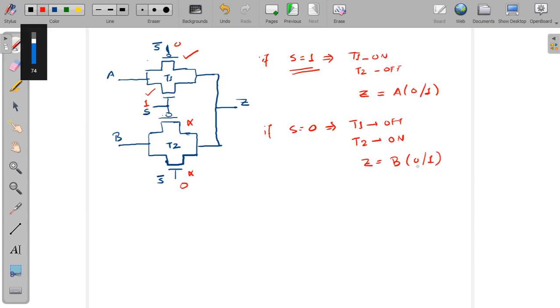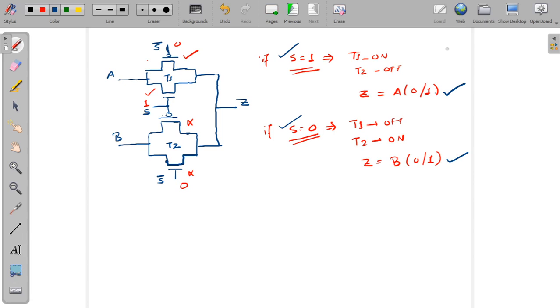So look at this condition. If S is 1, it is passing A, and if S is 0, it is passing the other input, that is B.